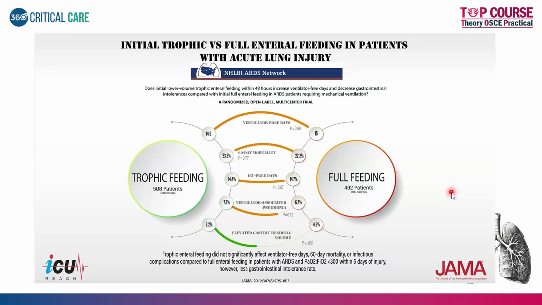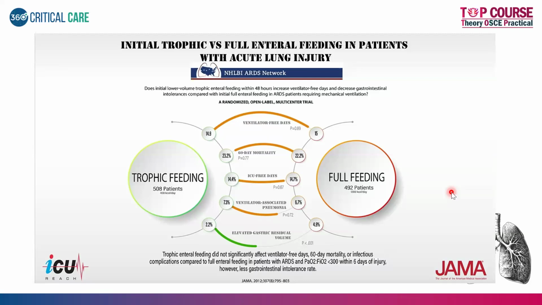What they found out was trophic feeding did not significantly affect ventilator free days or the occurrence of infectious complications like VAP. So whatever said and done, it's better to do a subjective global assessment, and based on that, continue with the regular feeds of the patients, probably by starting with 20 to 25 kilocalories based on the patient's predicted body weight, and then continue so on.